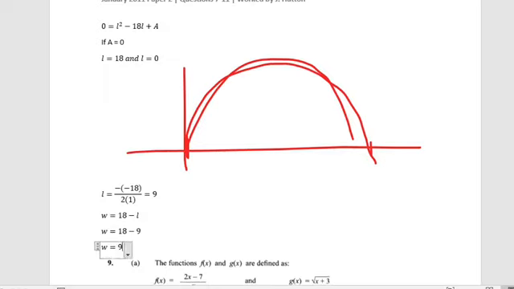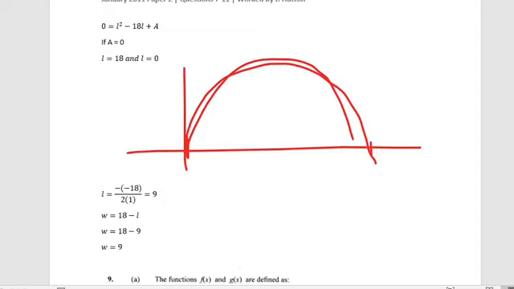So once again, the axis of symmetry takes place when the length is equal to 9 on the x-axis, and therefore we can now calculate our area. Area is equal to length multiplied by width, which is 9 multiplied by 9, and when you get that, you will get 81 being your area.